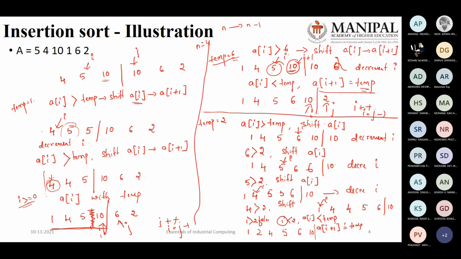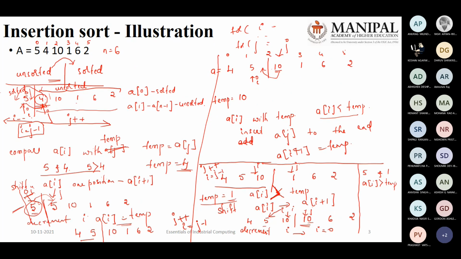So the outer loop should run n minus 1 times. And the inner loop is based on the number of elements in the sorted list. If the sorted list has one element, then in the first pass comparison is only once. When your sorted list has 2 elements, the maximum number of comparisons is 2.